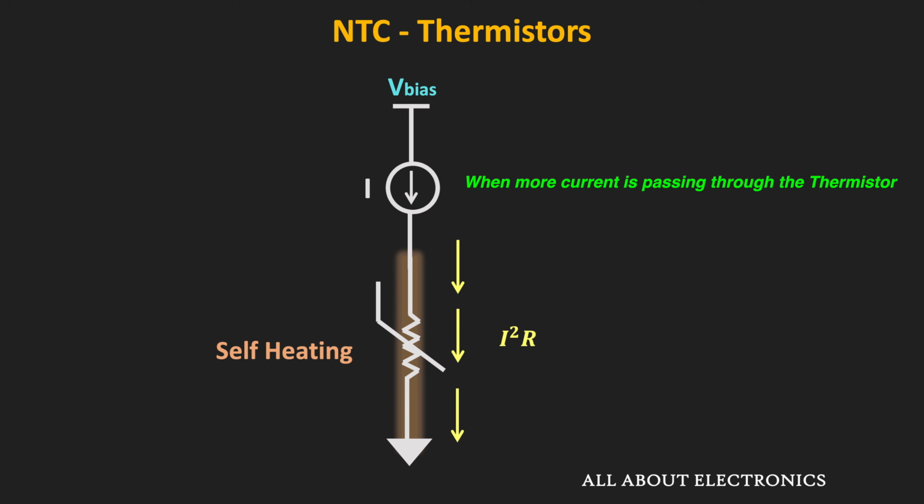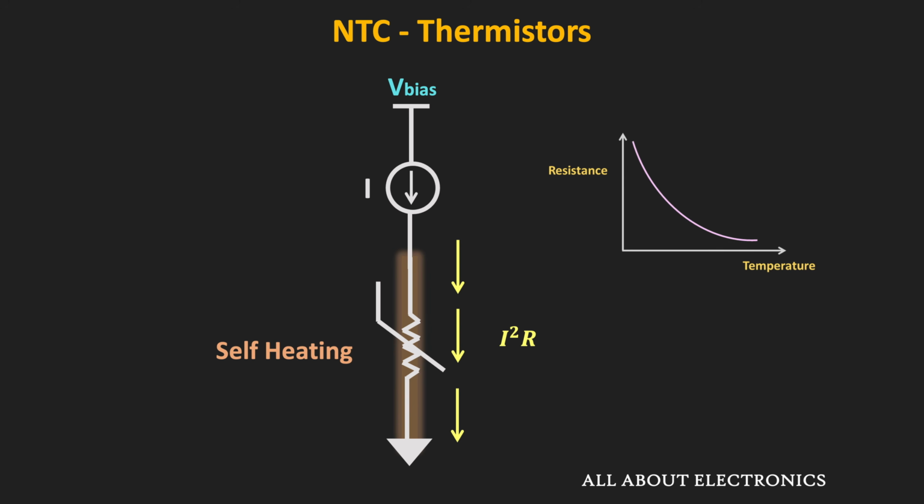So if more current is passing through the thermistor, there will be more power dissipation, and because of that, the self-heating effect will be more prominent. Because of this self-heating effect, since the temperature of the thermistor itself is increasing, its resistance will further reduce. And because of that, it will not be able to measure the surrounding temperature accurately.